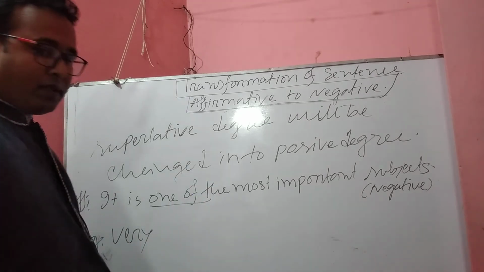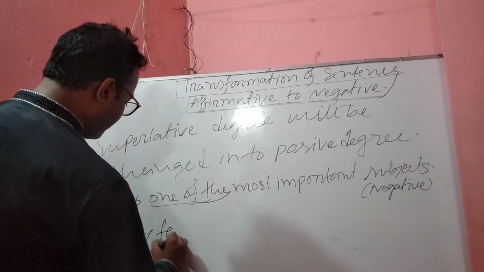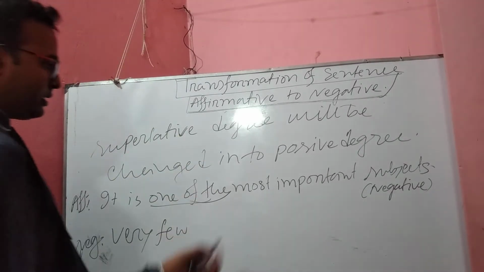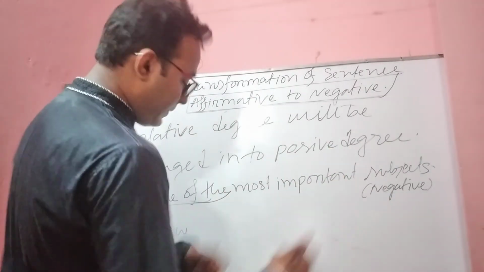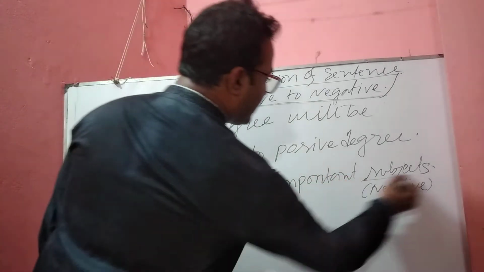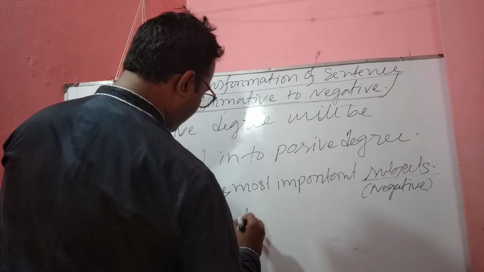Instead of one of the, we will use very few plus the rest part of the degree. That means very few subjects.